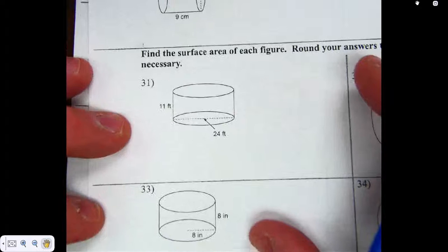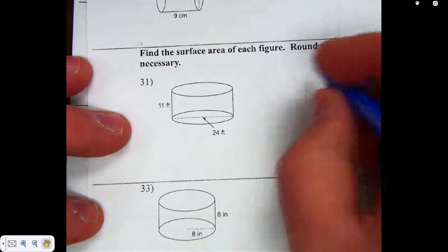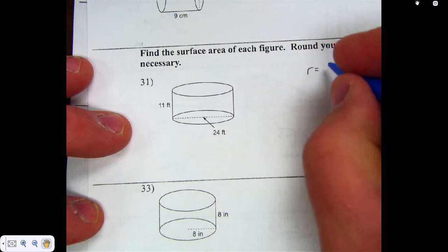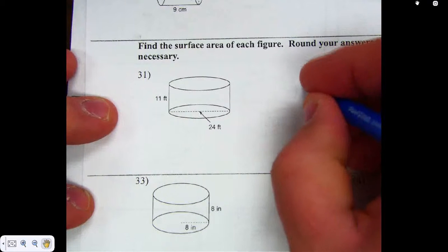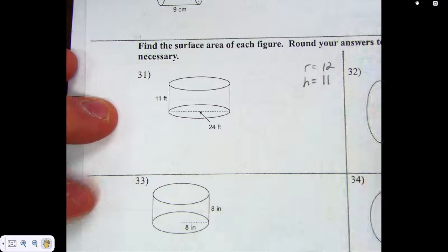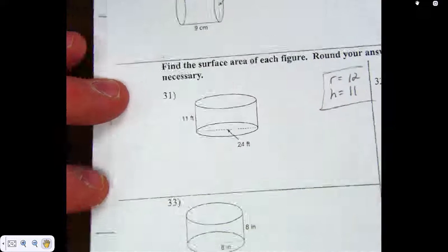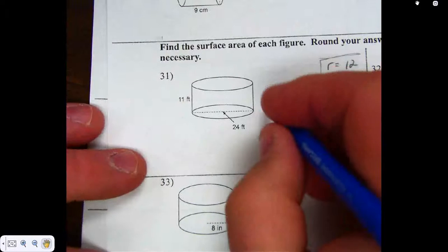Then on this one, what's your radius? Number 31. 12. What's the height of the cylinder? 11. Can you put those into the formula for total surface area?